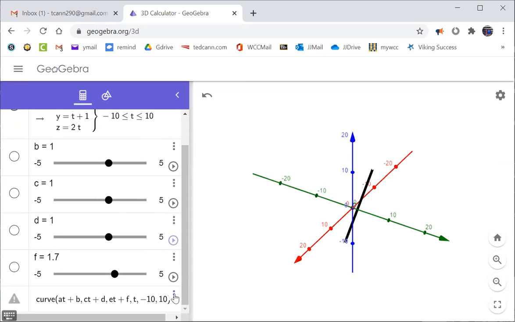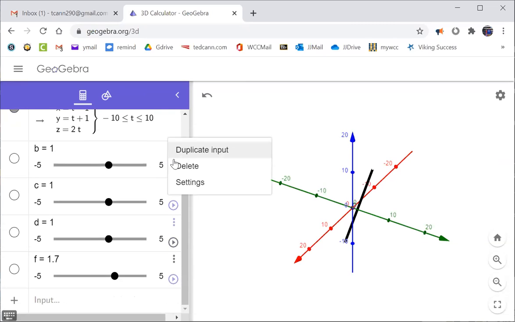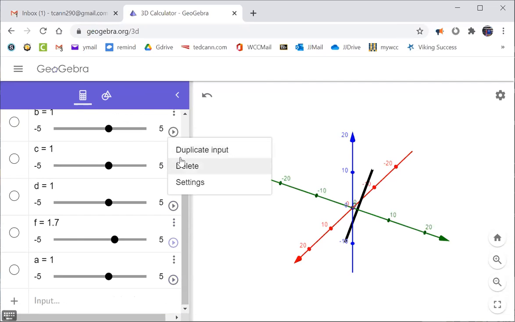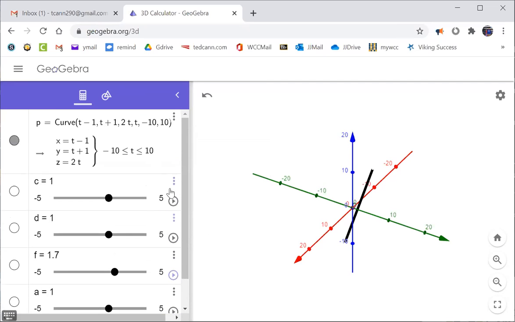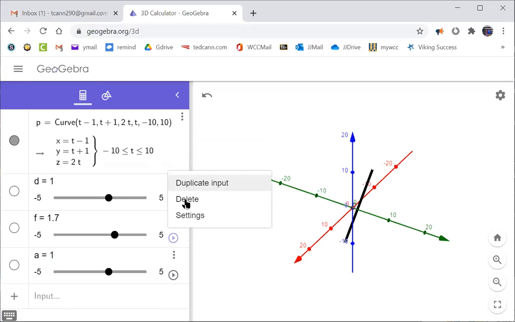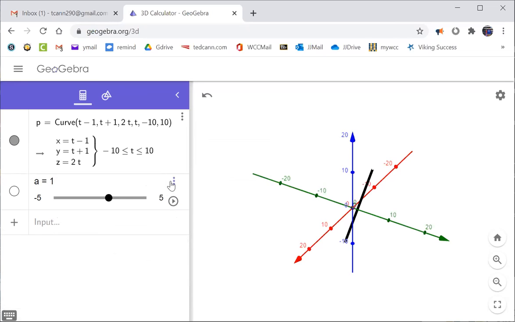So what I can do is I'll just redo it so I don't have to worry about if I hit duplicate, I want to hit delete. I don't want to have to worry about troubleshooting when it inevitably doesn't work.